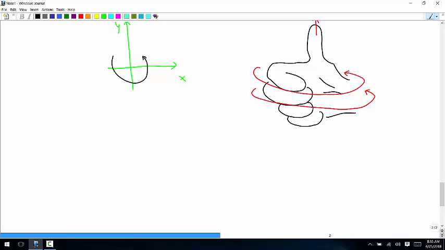Now we're going to apply this to the moment of a force about a point.